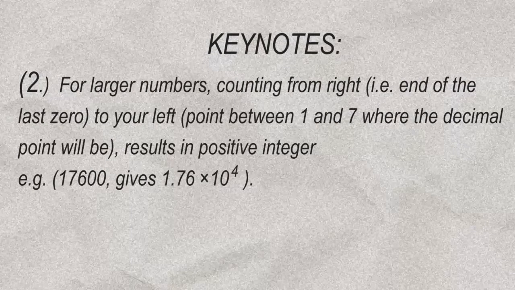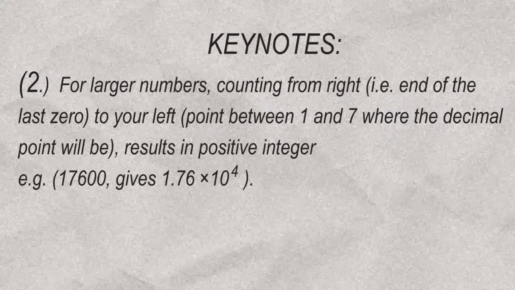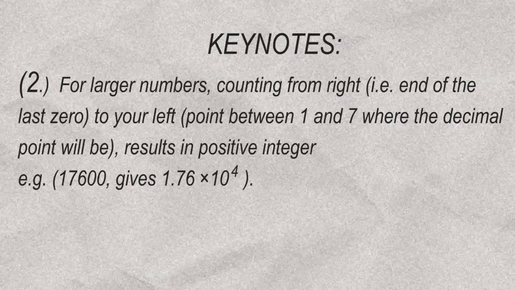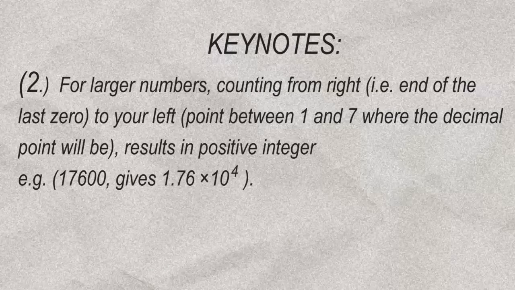Now we want to look at keynote 2. For larger numbers, we usually count from the right, that is from the end of the last 0, to the left. Look at this example: 17,600, that is 17600. It all depends on the standard form we want to arrive at.